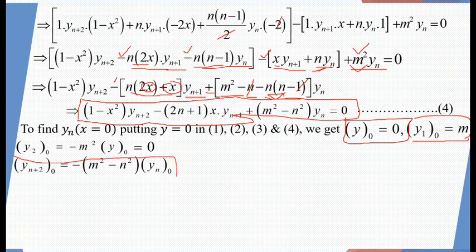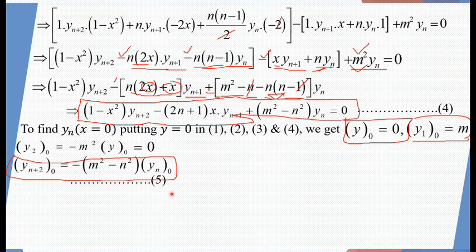This is the relation from where we can get all succeeding values of y3, y4 and so on. This equation is known as the recurrence relation, and let it be equation number 5.